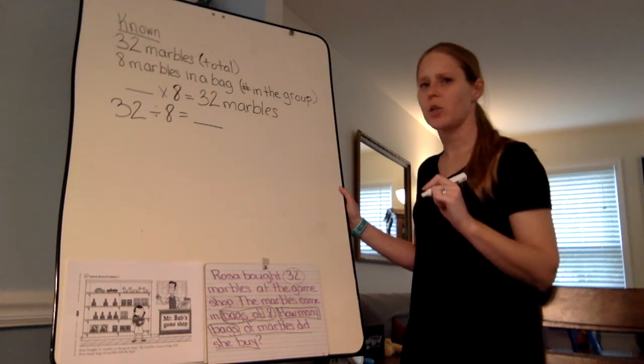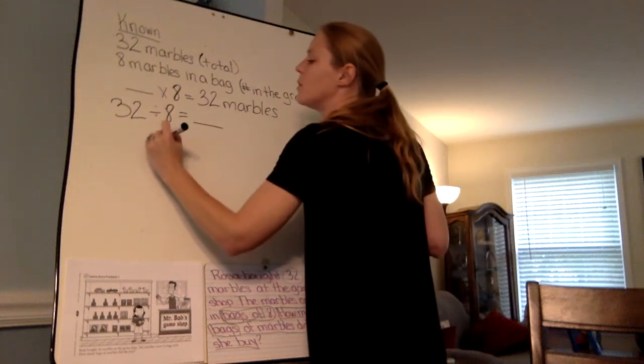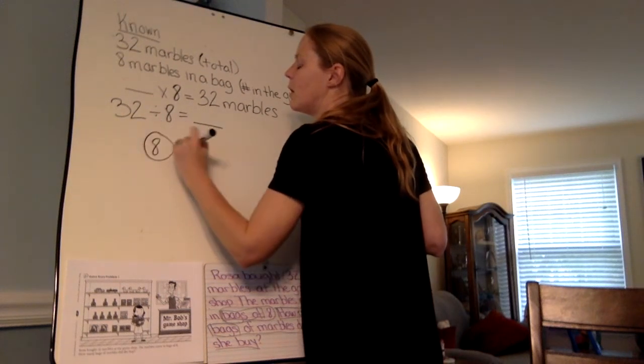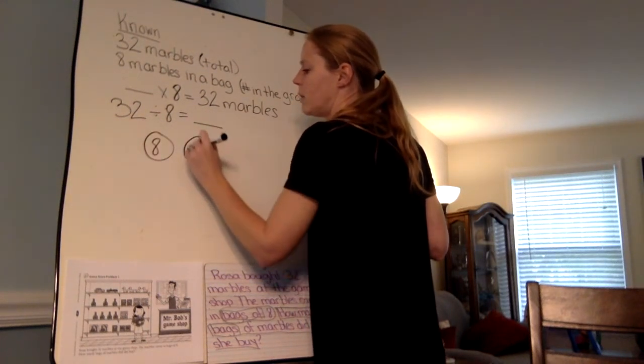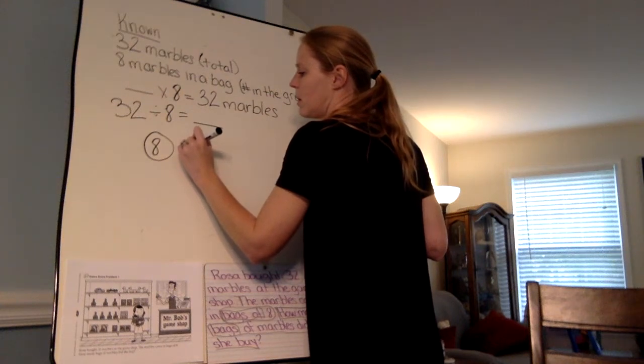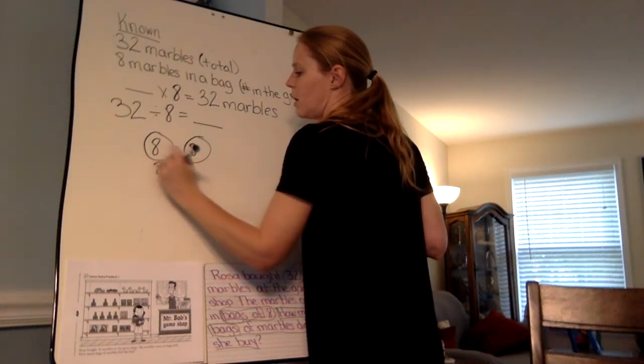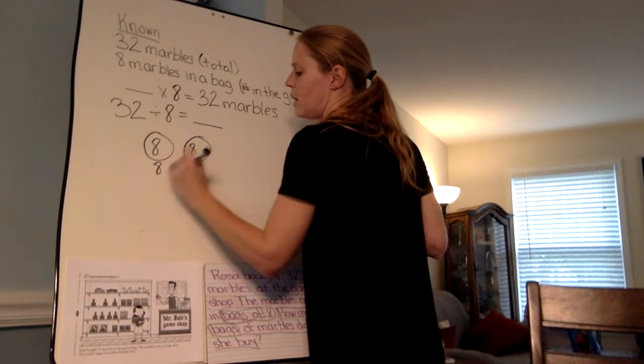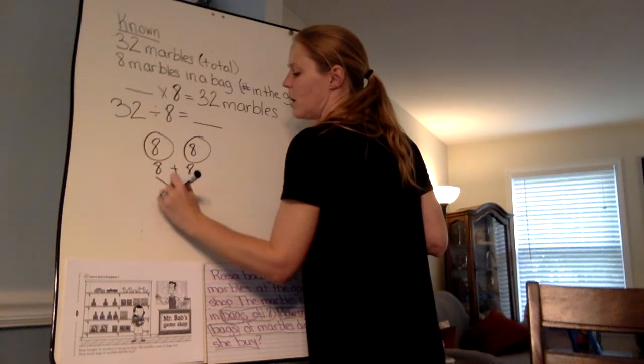So here's one strategy I could do. Here's a group of 8. Here's another group of 8. So 8 plus 8 is 16.